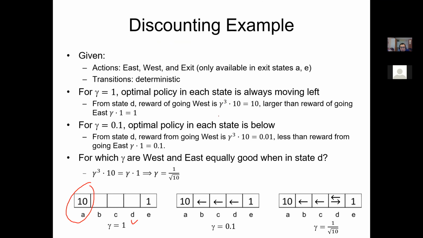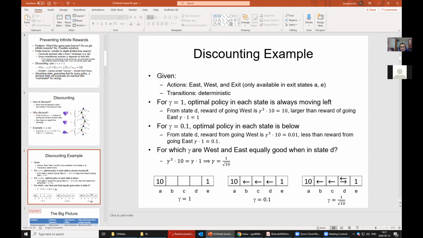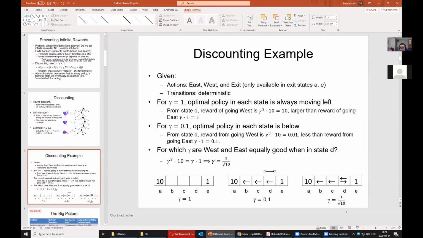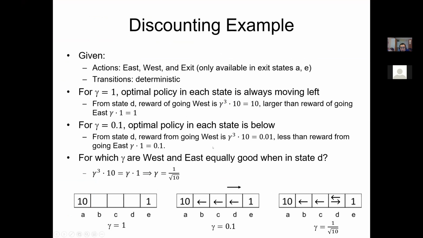For gamma equals 0.1, you can calculate the reward. Did I get it right? So state D, I think I got it wrong. Sorry. I'll fix it. So state D, it should go east. Yeah. So based on the discount factor, if we go west from D, then eventually you get a reward of 0.01.